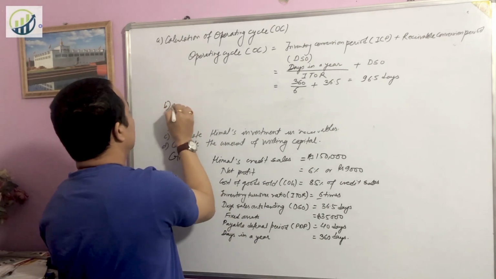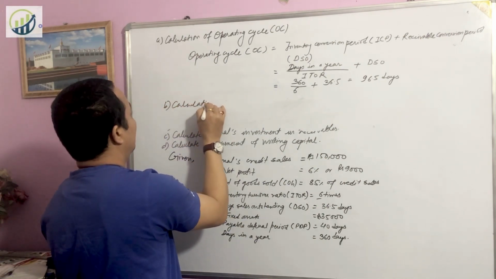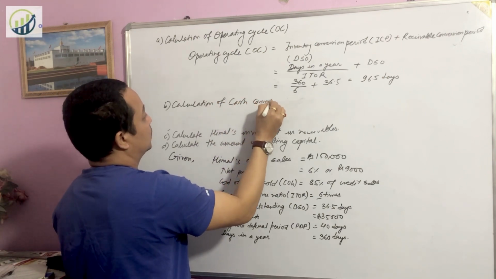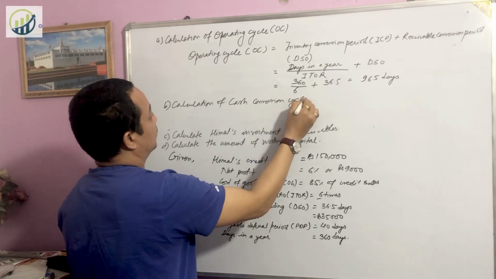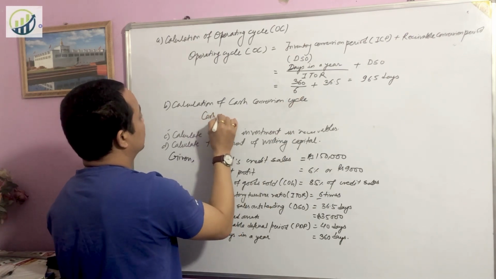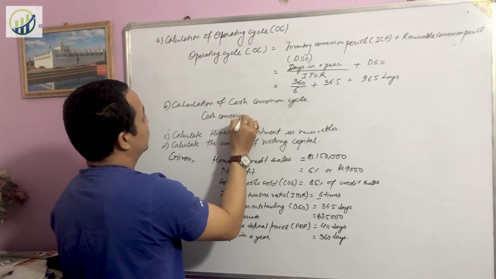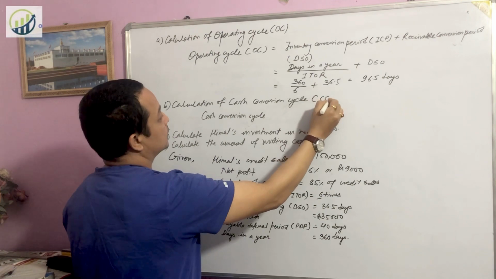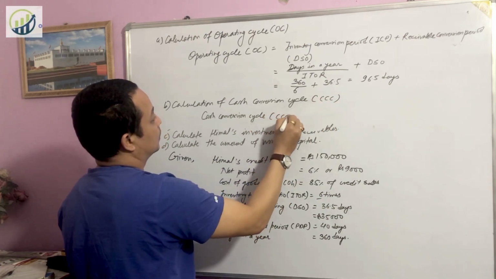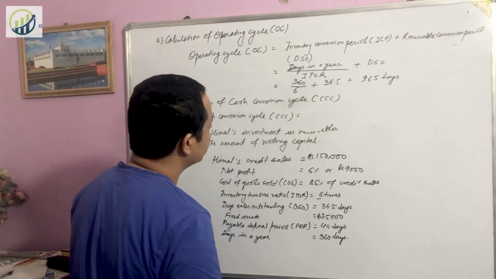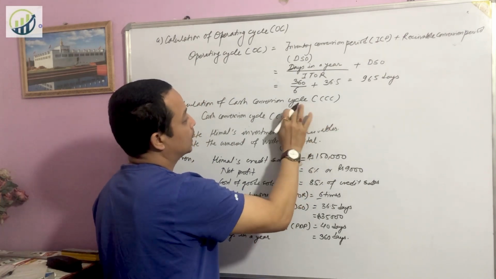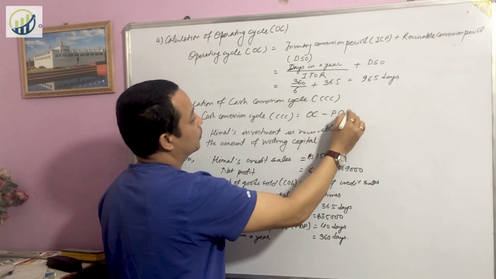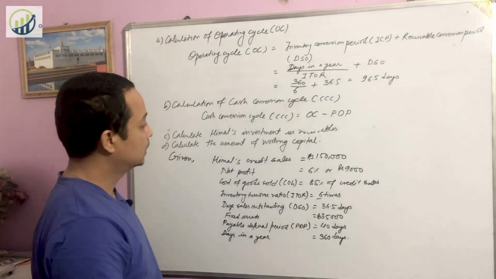Calculation of cash conversion cycle. Cash conversion cycle, shortly CCC, is equal to operating cycle minus payable deferral period.